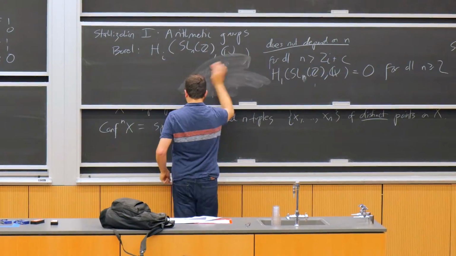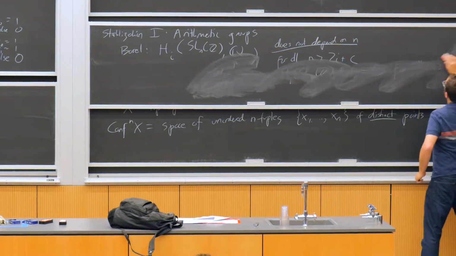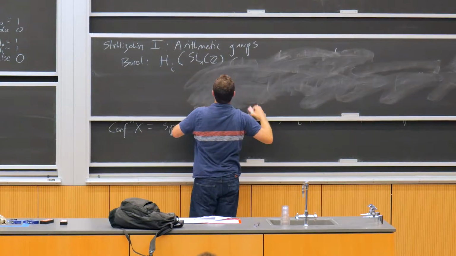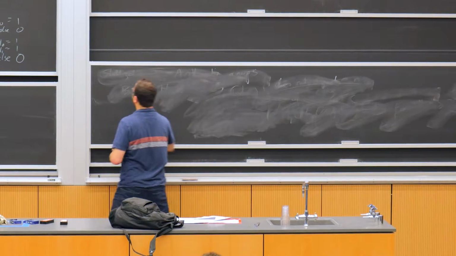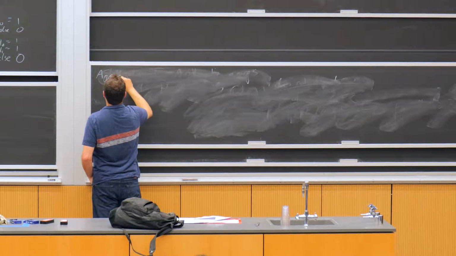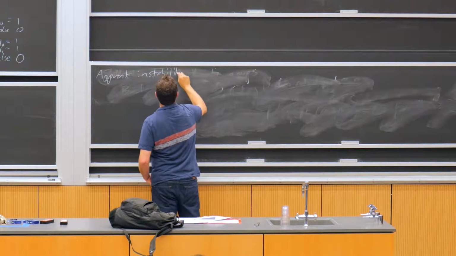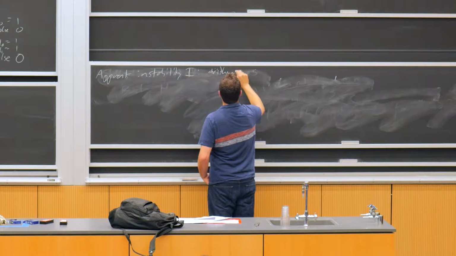So let's come over here to the arithmetic group side of the board and say, apparent instability 1. So here is arithmetic groups.